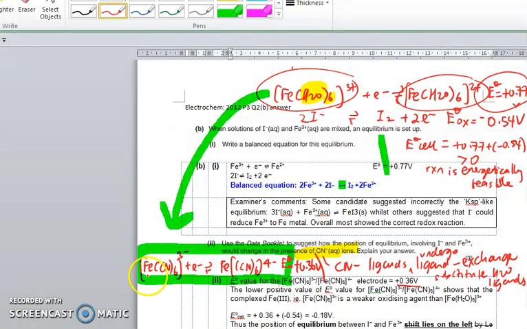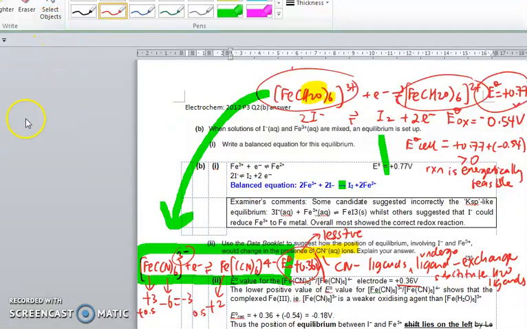Now, this iron is still plus 3, and minus 6 is minus 3, that's the overall charge. This iron is still in the plus 3 oxidation state, so I am still reducing from plus 3 to plus 2 iron. But now these iron ions are complexed with cyanide ligands, and this value is less positive. What does a less positive value tell us?